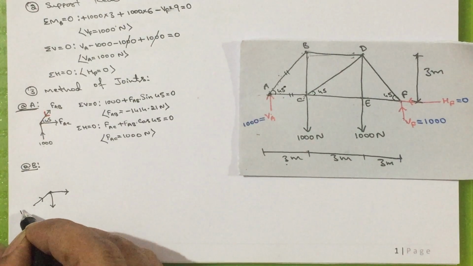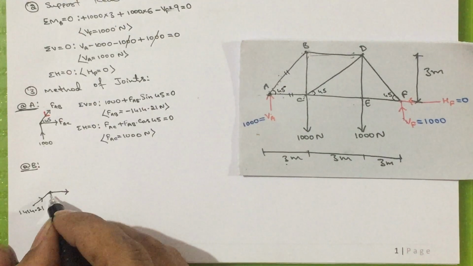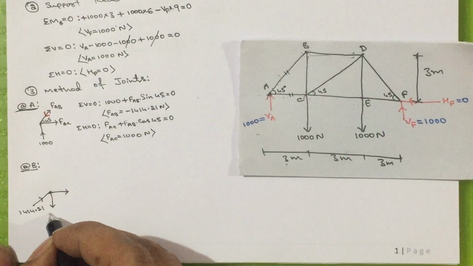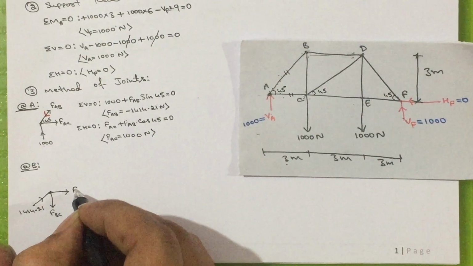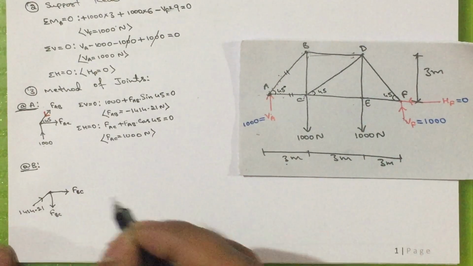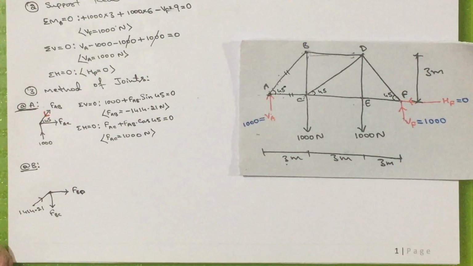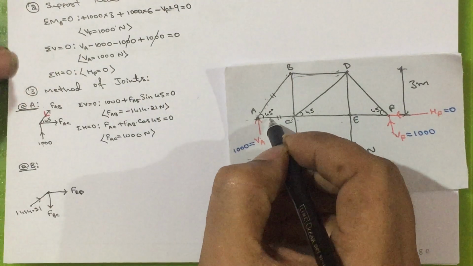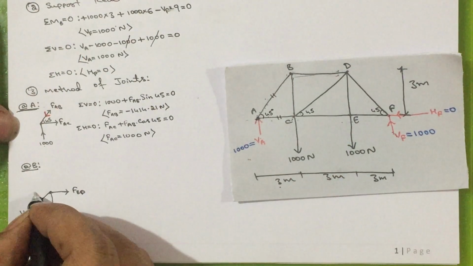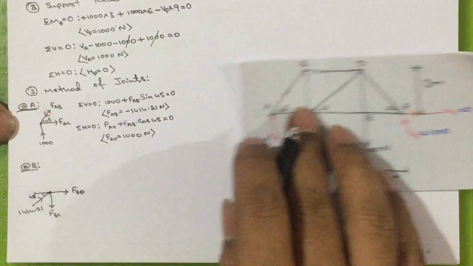Then the magnitude 1414.21. We do not know the value of BC, call that one FBC, and this will be FBD. Then if we come to the angles, this AB line is making 45 degrees with respect to horizontal, so write 45.